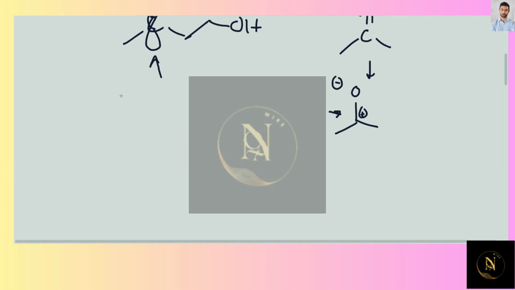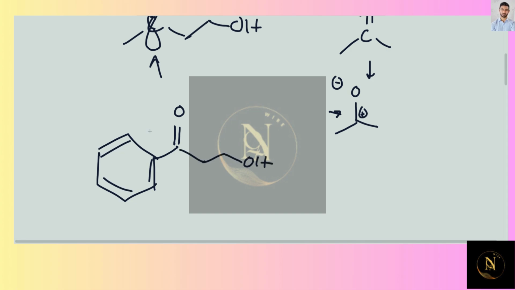We can also consider that if we wanted to look at the effect that this would have in the ring, if we were to draw a resonance structure, we could show this and then this.